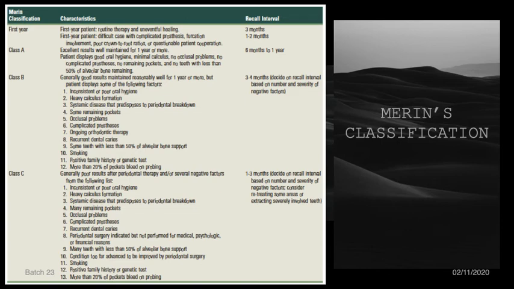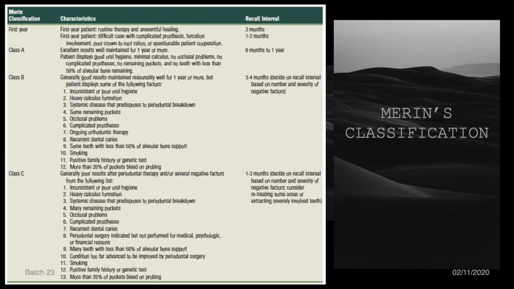After periodontal therapy, these patients have poor results or severely negative factors like inconsistent poor oral hygiene, heavy calculus formation, systemic diseases, many remaining pockets, occlusal problems, complicated prosthesis, recurrent dental caries, periodontal surgery indicated but cannot be performed due to the patient's medical conditions, many teeth with less than 50% of alveolar bone support, conditions too far advanced to be improved by periodontal surgery, a chronic smoking habit, positive family history or genetic history, or more than 20% of pockets which bleed on probing. Then these patients should be recalled every 1 to 3 months.